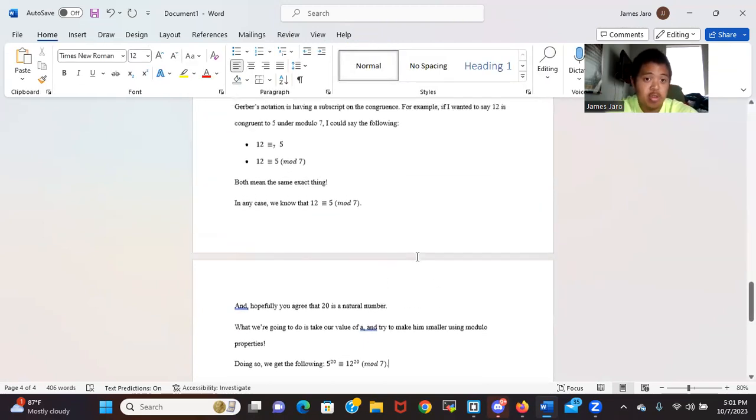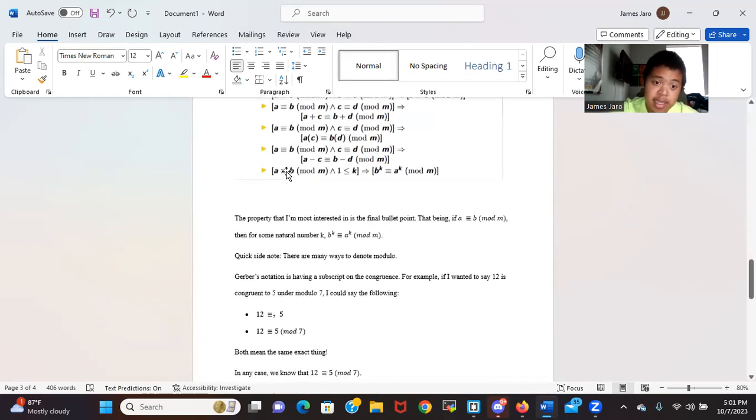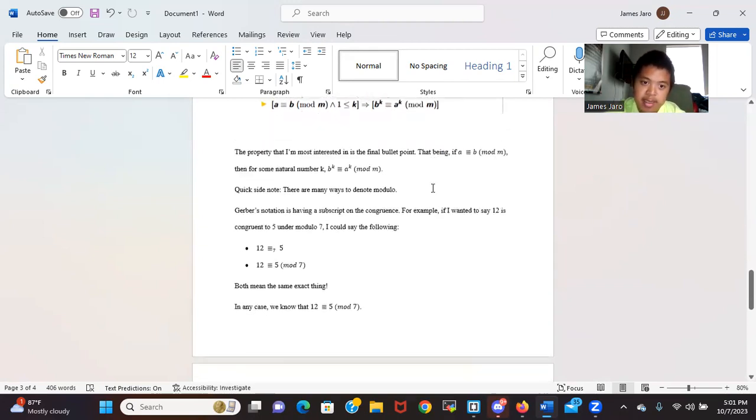This is actually true, because it says here that if 12 is congruent to 5 mod 7 and 20 is greater than or equal to 1, then 5 to the 20th has to be congruent to 12 to the 20th mod 7.